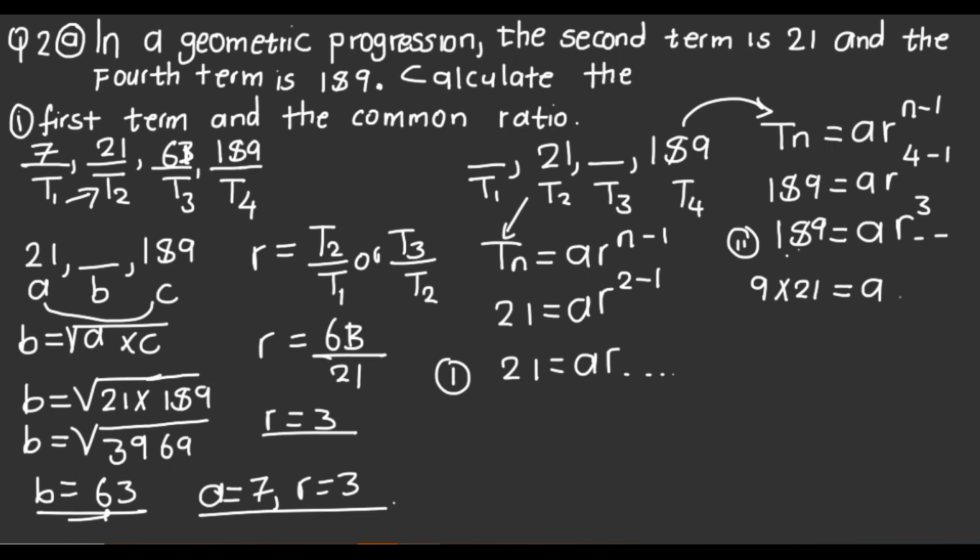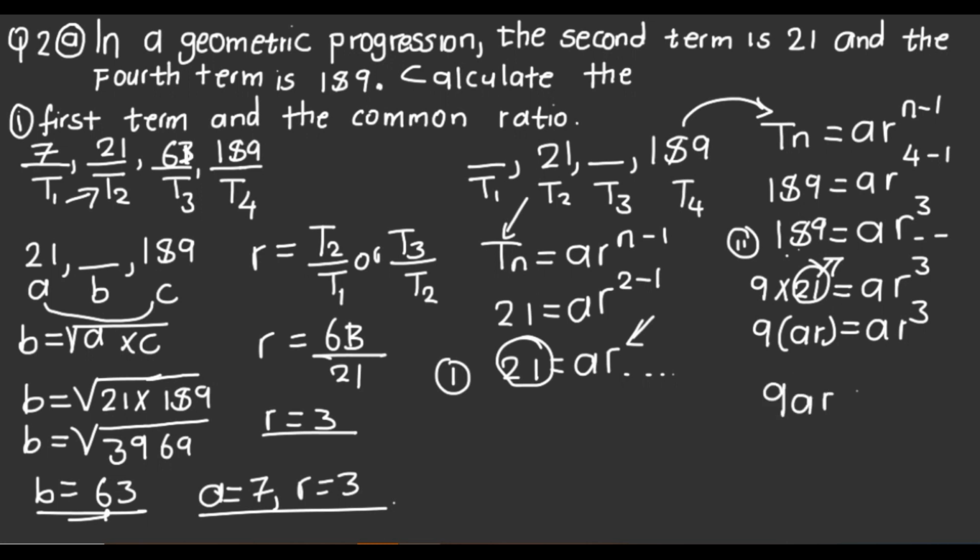I've just broken the 189 into two numbers, making sure this number is common to this number. Since we know that 21 is equal to AR, we substitute: 9 times AR is equal to AR cubed. 9 AR is equal to A R cubed.